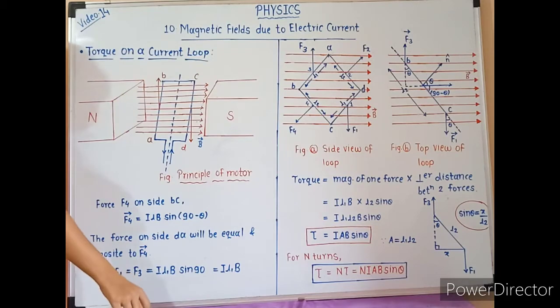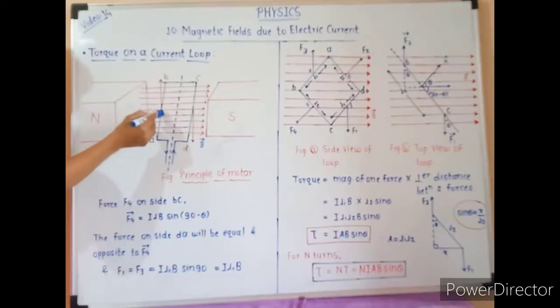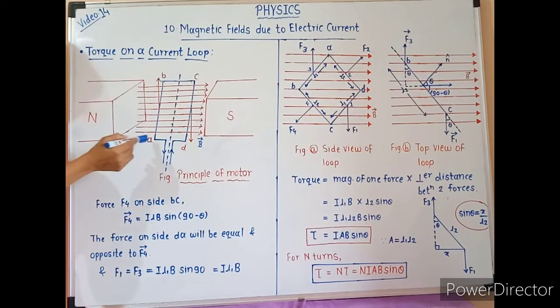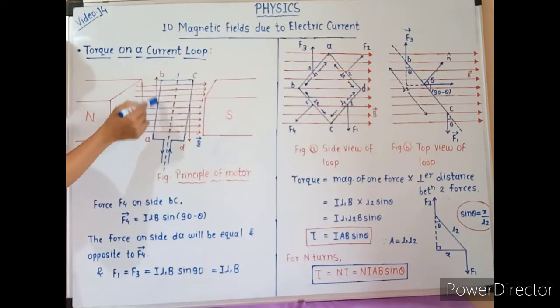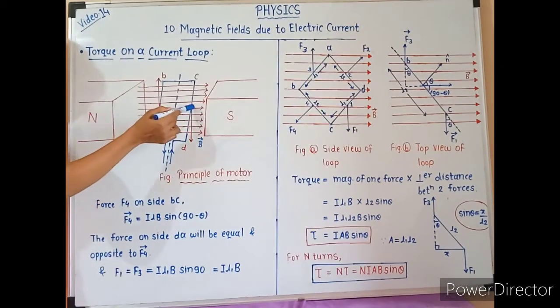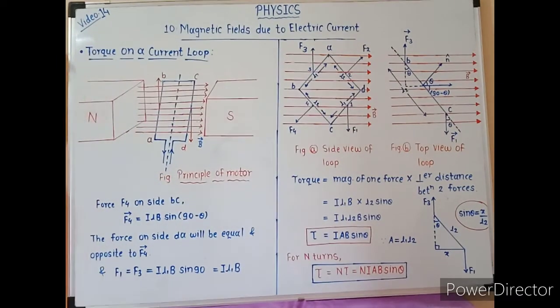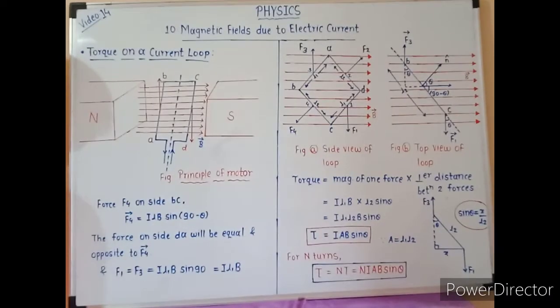According to this right hand rule, the force on side AB will be in upward direction, and force on side CD will be in downward direction.